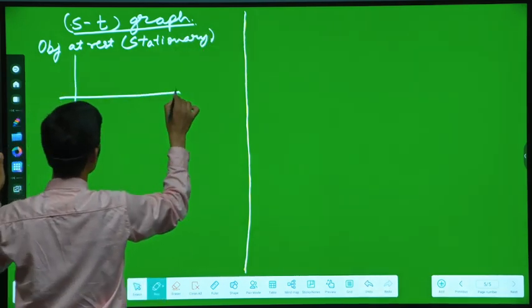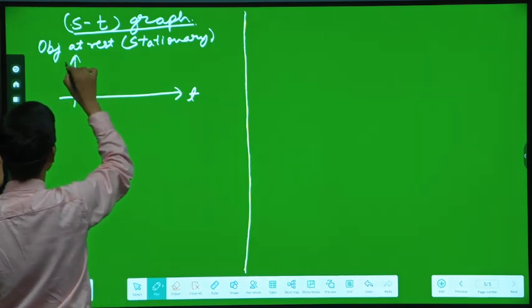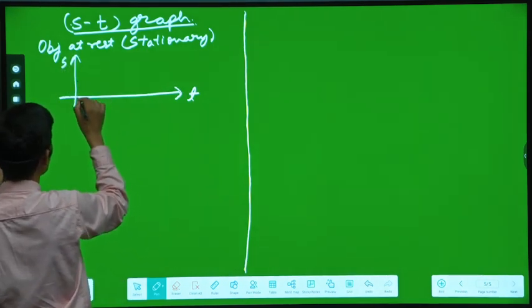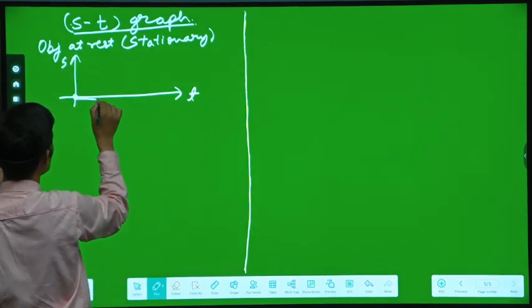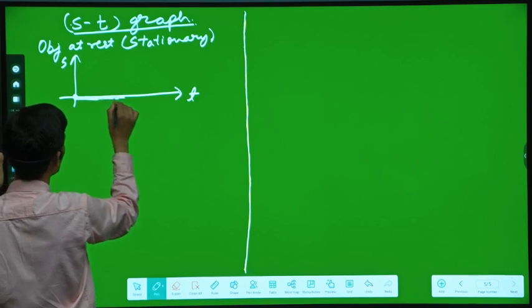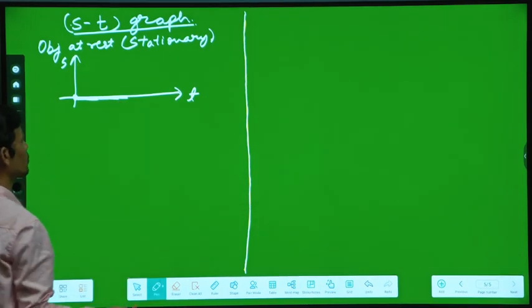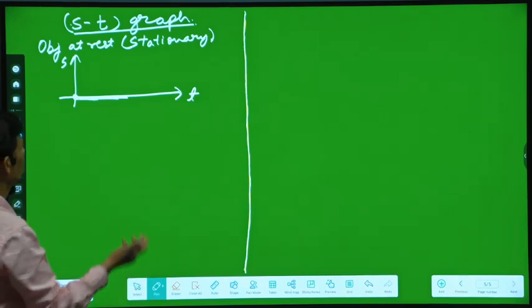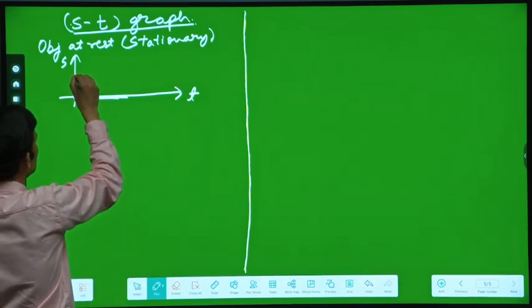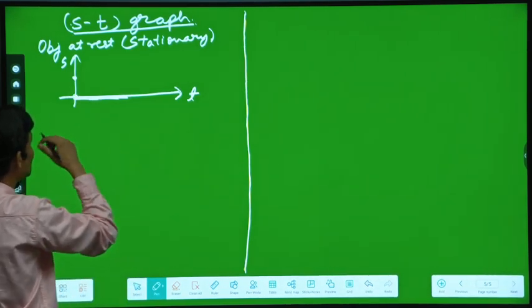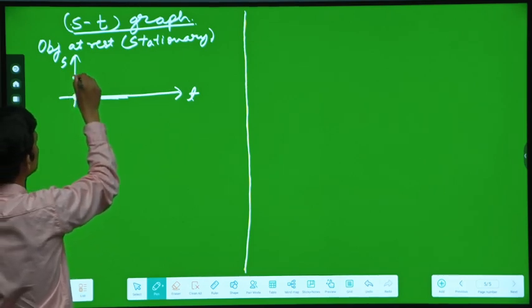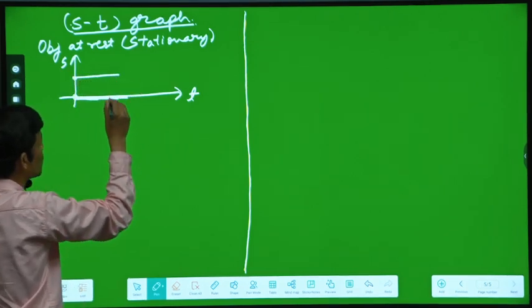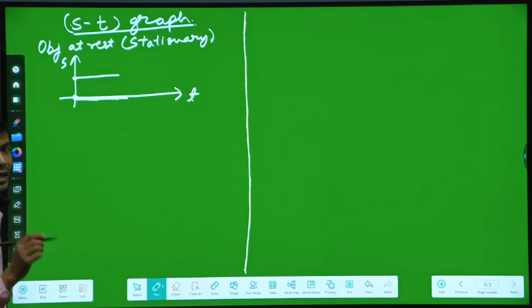Its graph, if it is at the origin, it's coinciding, there's a straight line along the time axis. Or if it has initially some position, it will be again a straight line parallel to the time axis.